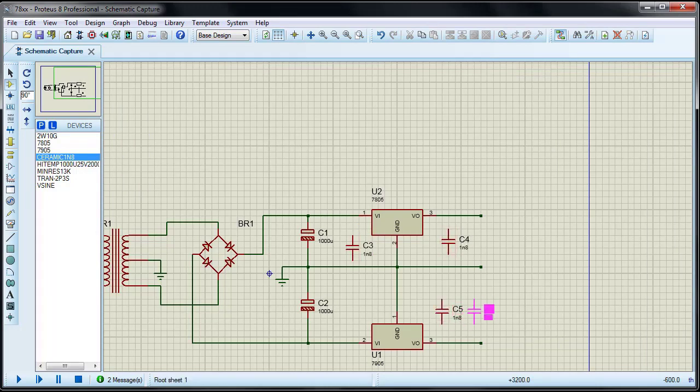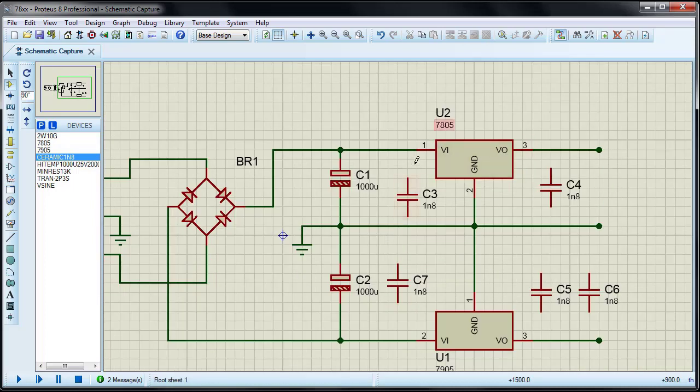Except for filter capacitors, the rest of the capacitors are recommended by the manufacturer of the 7805 and 7905.